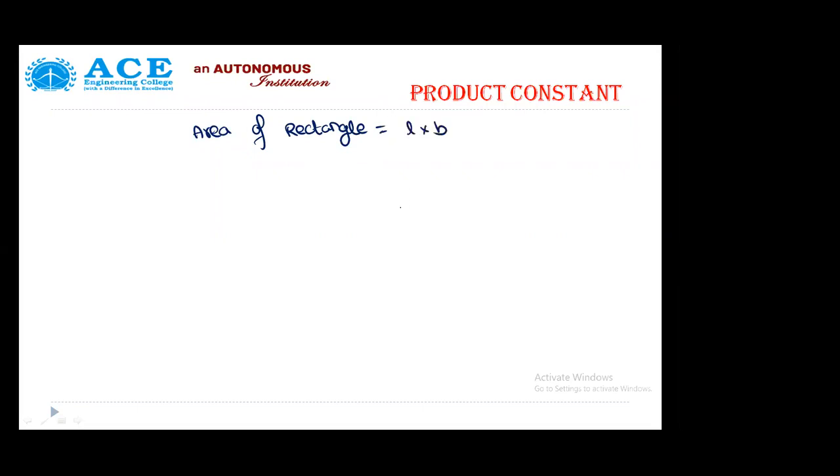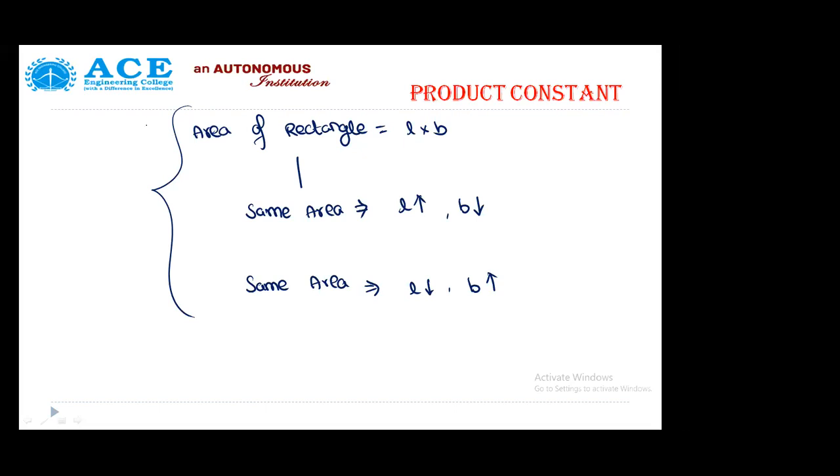Now if you want to maintain the same area, if length increases, we will decrease the breadth. That's a product constant. To maintain the same area, if length decreases, we should increase the breadth.